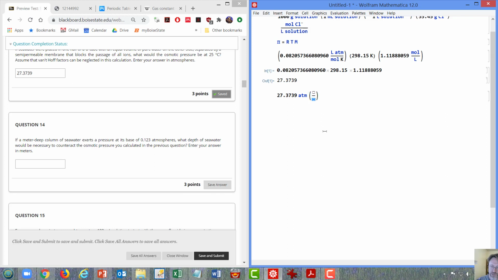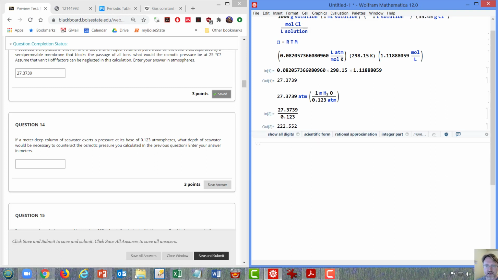Because for every 0.123 atmospheres, that is going to be 1 meter of seawater. Okay, so 27.3739 divided by 0.123, again using this as a calculator, we have 222.5. So, and that's in meters.